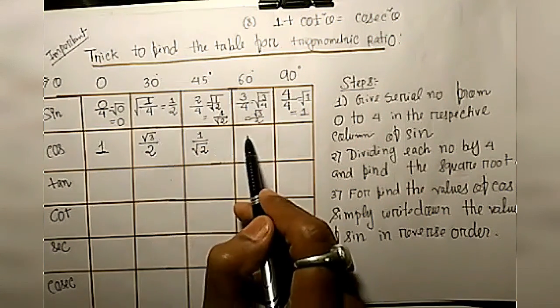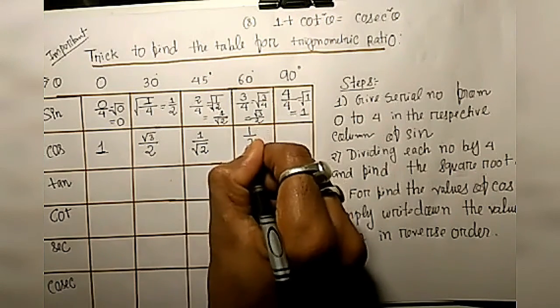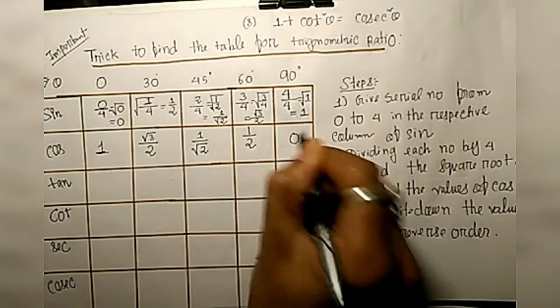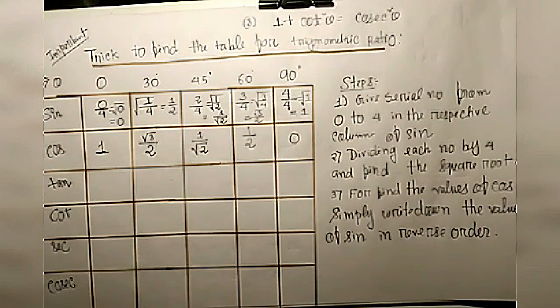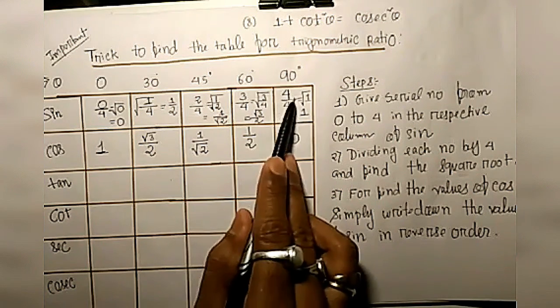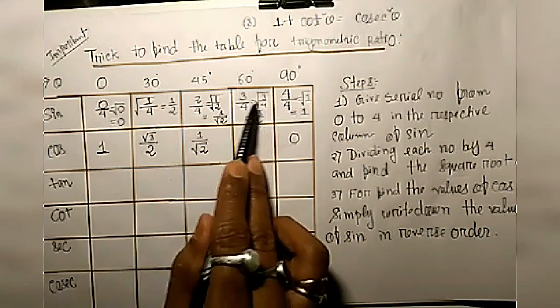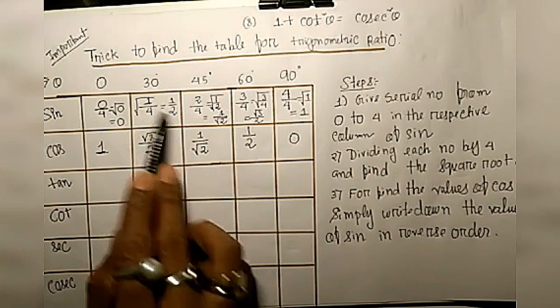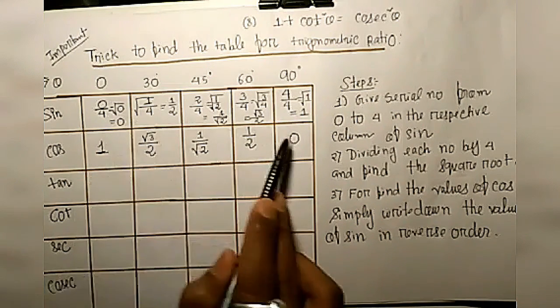Cos 60 will be 1 by 2, and cos 90 will be 0. So simply writing the values of sine in reverse order: 1, root 3 by 2, 1 by root 2, 1 by 2 and 0.